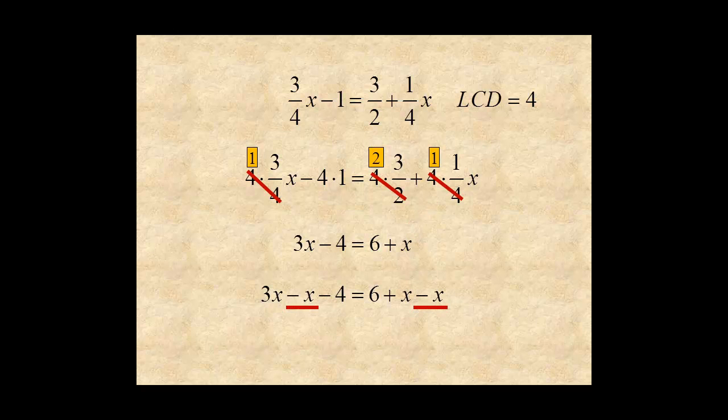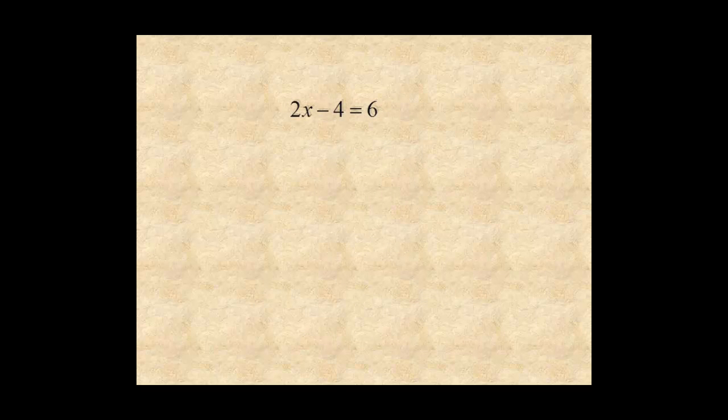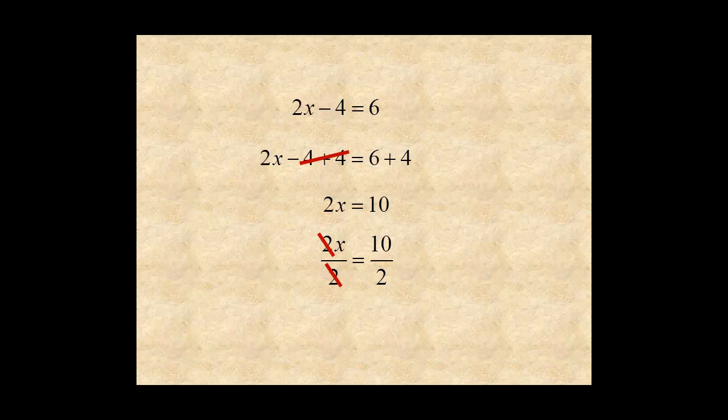And you have 2x minus 4 equals 6. Now add 4 to both sides of the equation, and you have 2x equals 10. Then divide both sides by 2. For the solution, x equals 5. Always remember to check the solution.